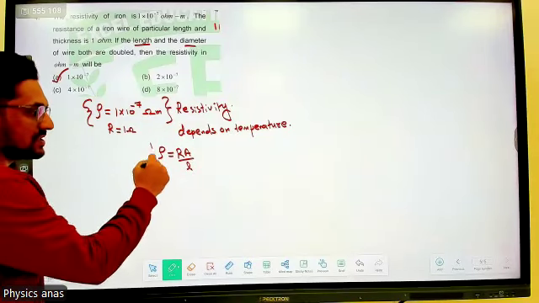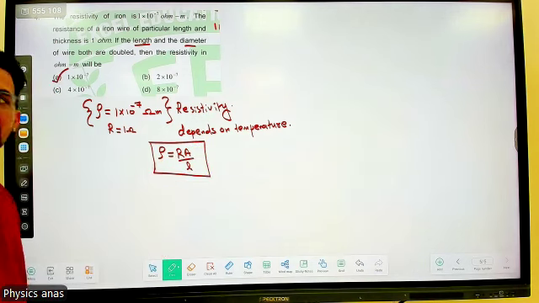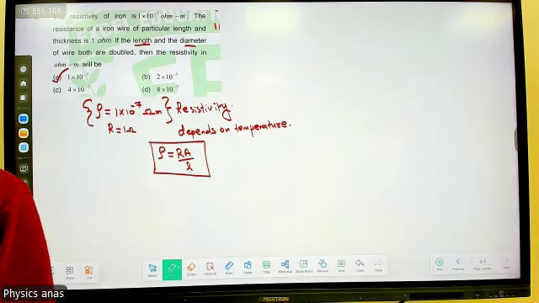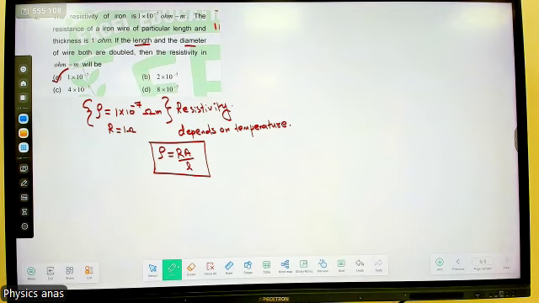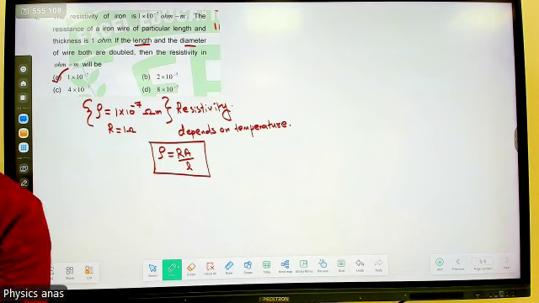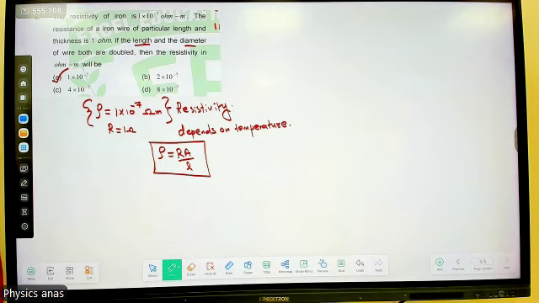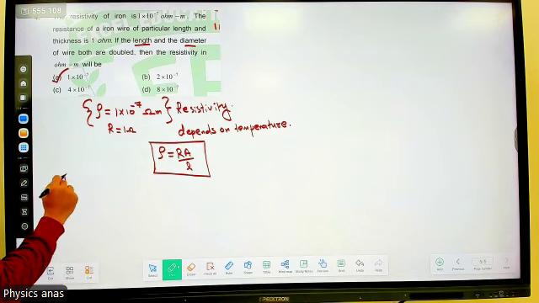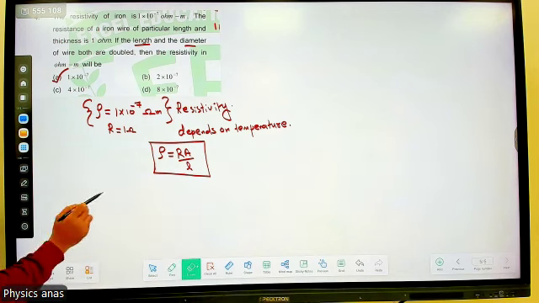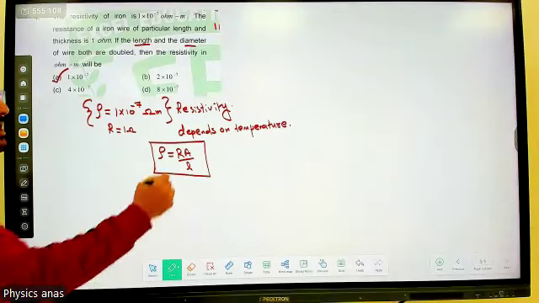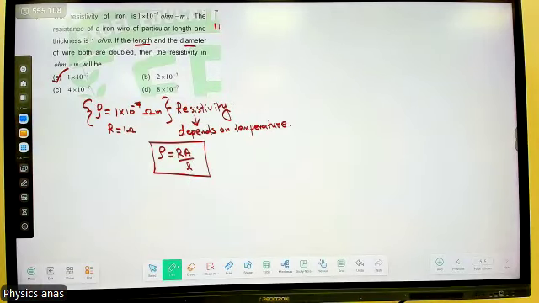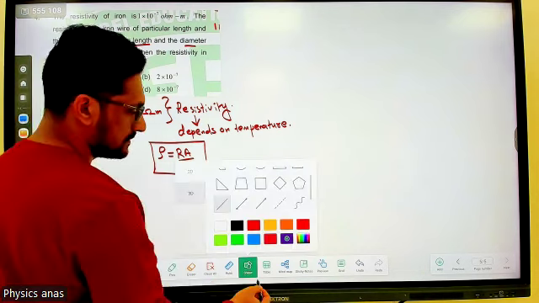Even if the resistance, area or length is changing, the resistivity will be self-adjusting. It will not be changing. Resistivity depends on temperature, not on area or length. Did you understand this, Amina, Neha? Yes, sir.